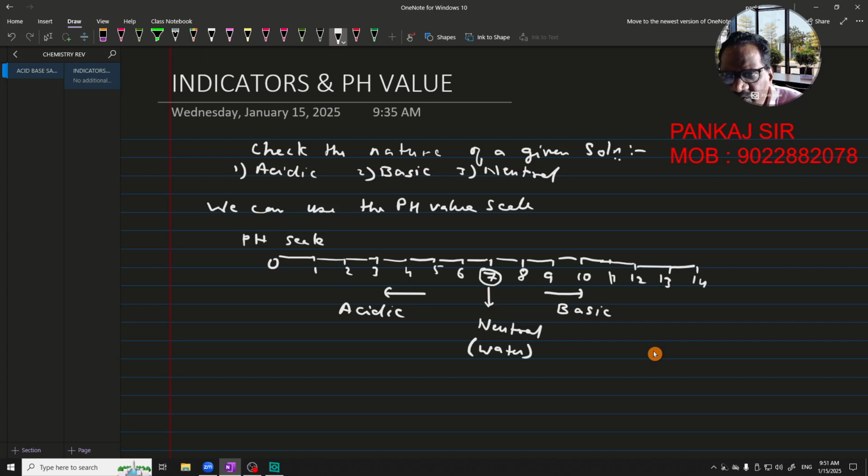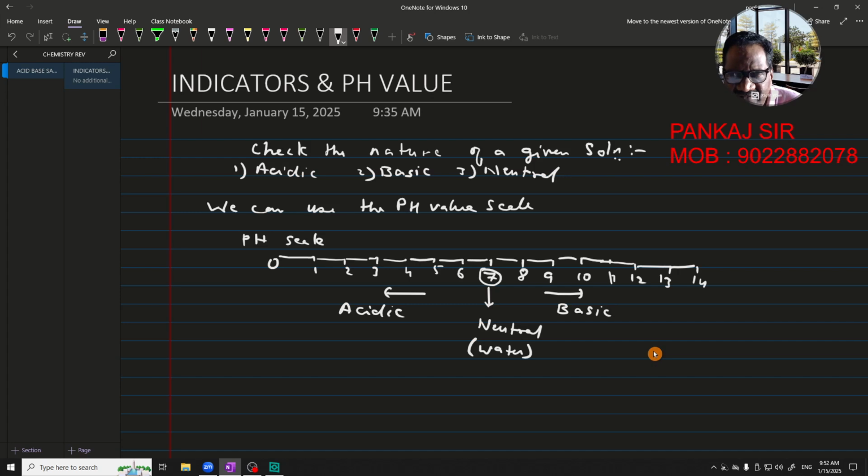This particular thing can be done with the help of something called indicators. Indicators will tell you whether a solution is acidic, basic or neutral with the help of a different criterion.